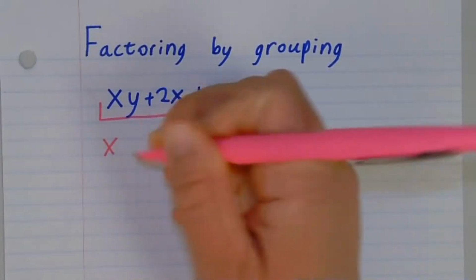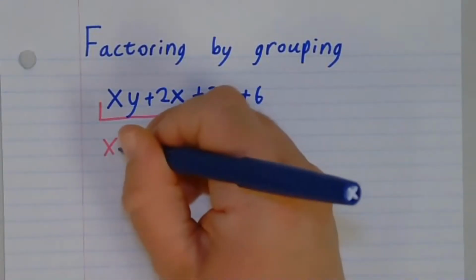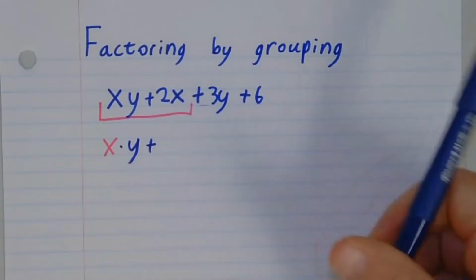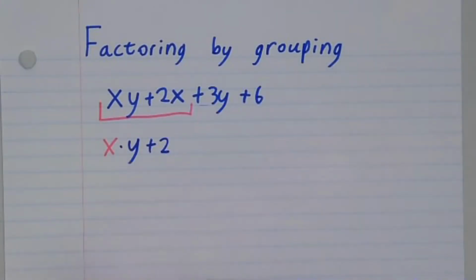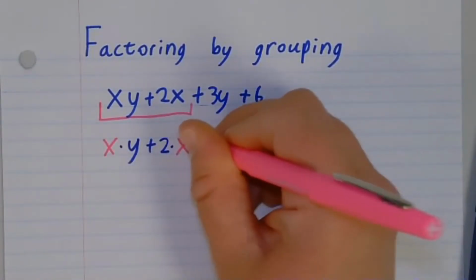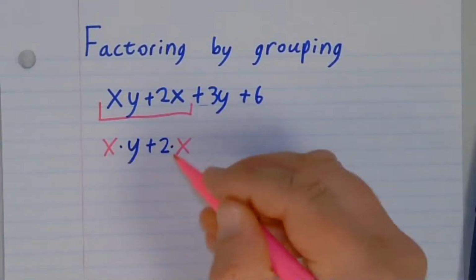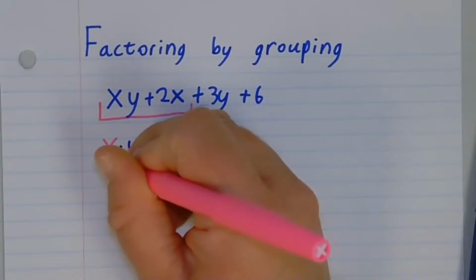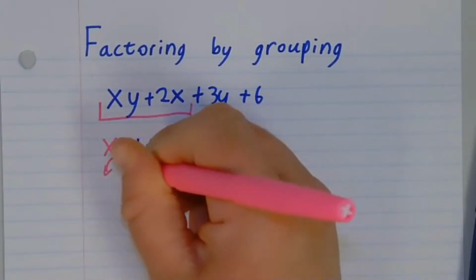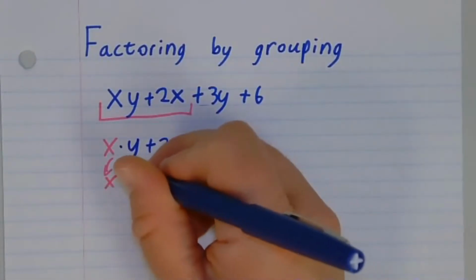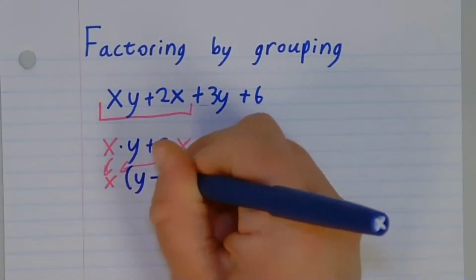I have x times y plus 2 times x. So even though I couldn't factor an x out of all four, I'm making progress on this half, and I can factor that x on out and get x times y plus 2.